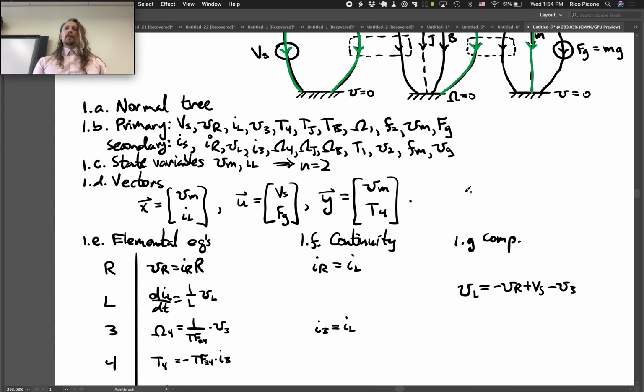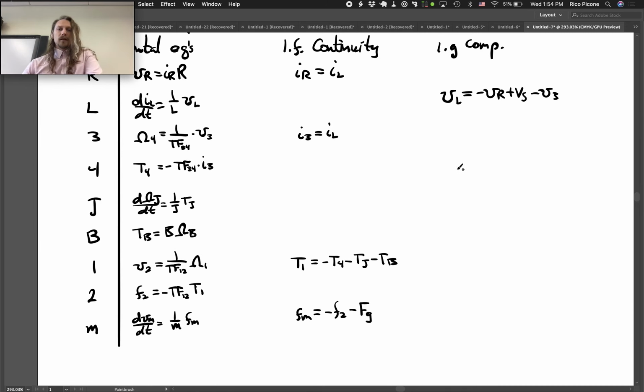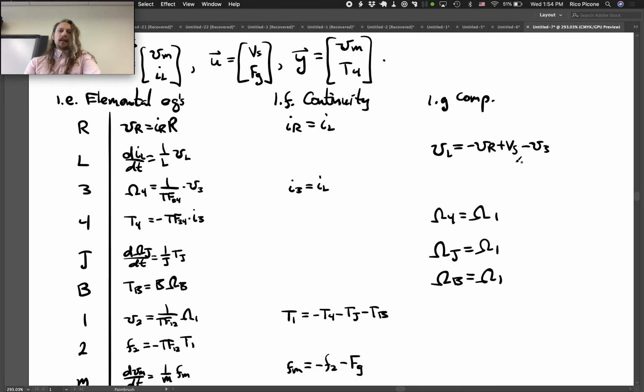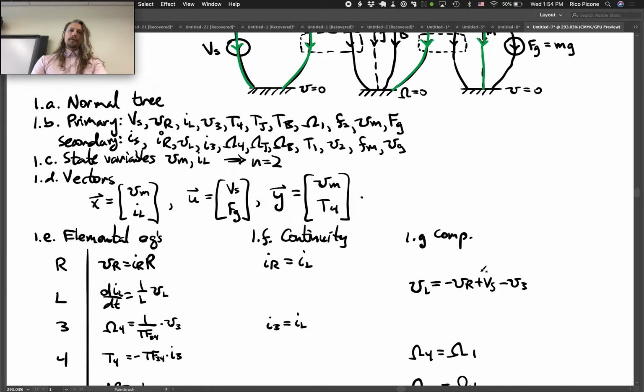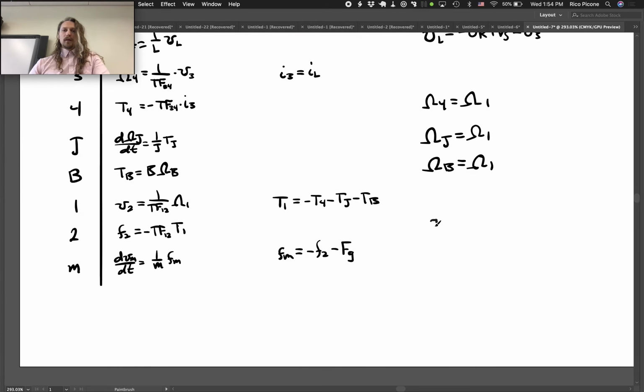So we can do all of those, 4, J and B. And finally, the last one we've got is the 2 link, which just says that V2 equals Vm.